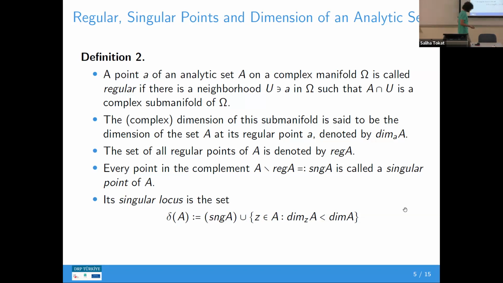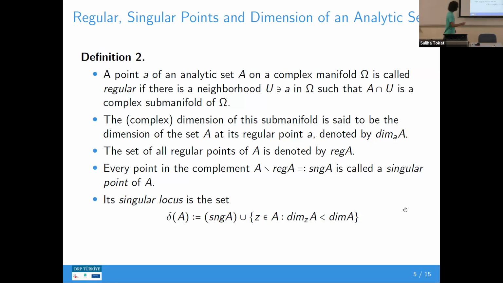Okay, but we can also consider points which do not locally look like complex submanifolds, which are called singular points. Formally, it is defined as the complement of the regular points in A, and we denote this set by sing A. We also want to collect all troublesome points into a set.